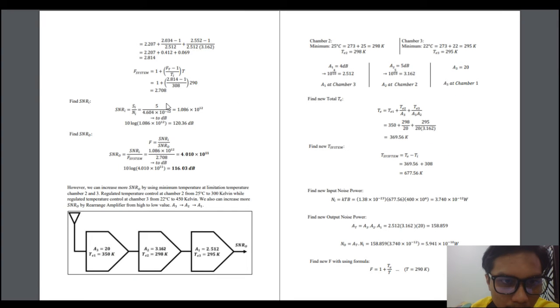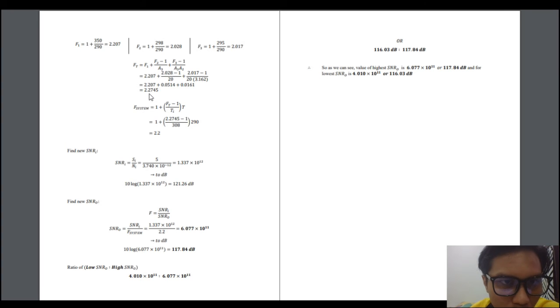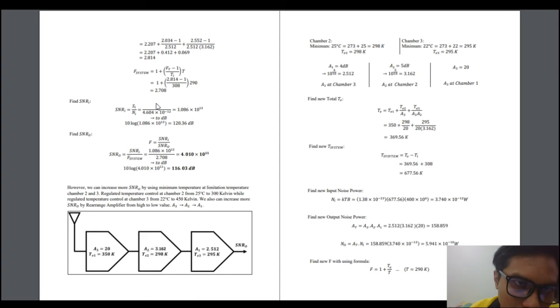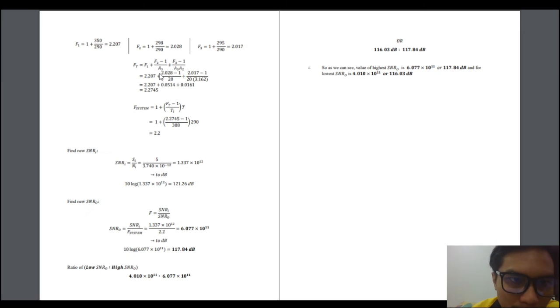So we get the new F system is 2.2, for the new total F 2.2745, while for the first question we got 2.814. So the F_T is lower than the first calculation.